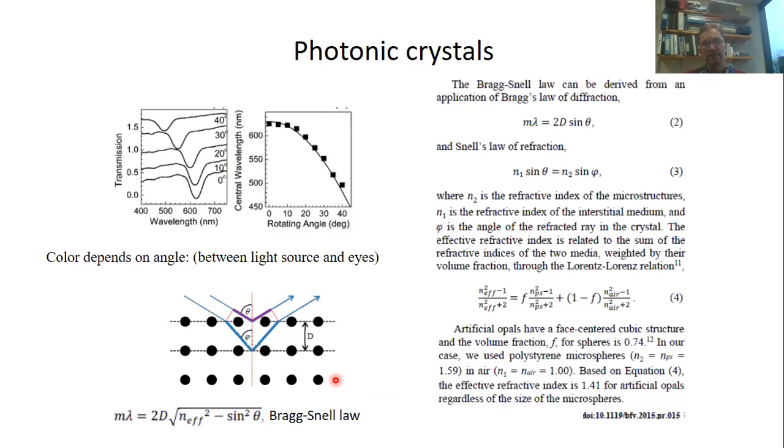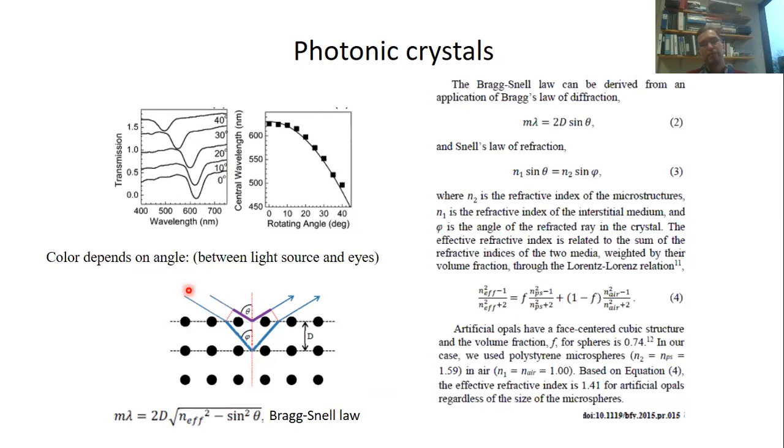Okay, so when we diffract visible light at a periodic macroporous structure, then we have a similar effect. Okay, so our light ray gets reflected at the periodic lattice. Okay, but in addition to just reflection, we now also have to consider refraction.